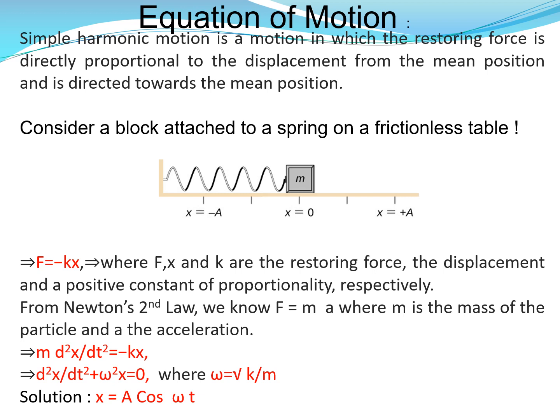Now, what could be the solution of this equation? The best possible solution could be a cosine solution: x is equal to a cos omega t. You can very well see that as you take the first derivative with respect to time, you end up with minus a omega sine omega t.